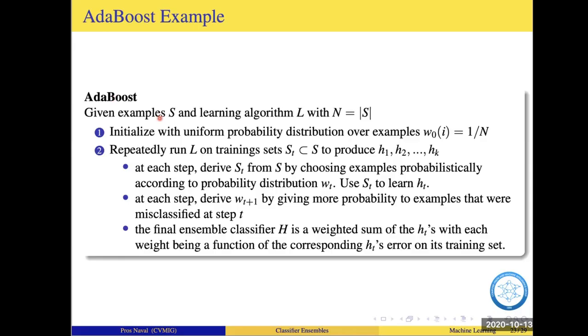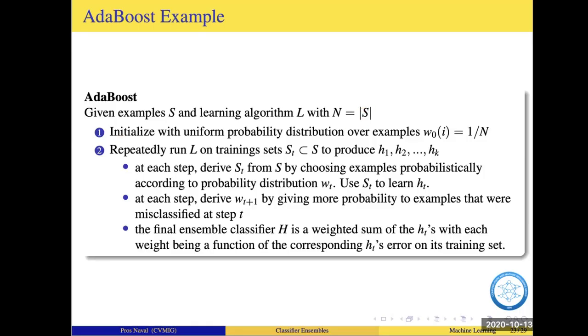So let's review the AdaBoost algorithm. So for AdaBoost, we're given examples S, that's your training set, and the learning algorithm L, and we define N to be the size of our training set, data set.